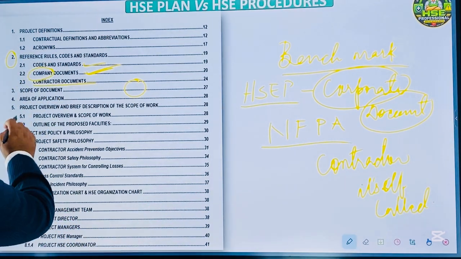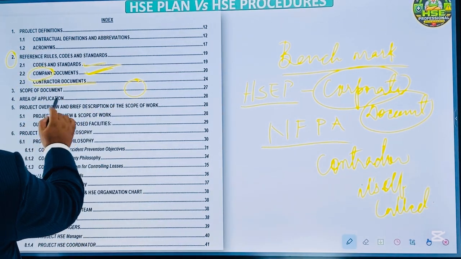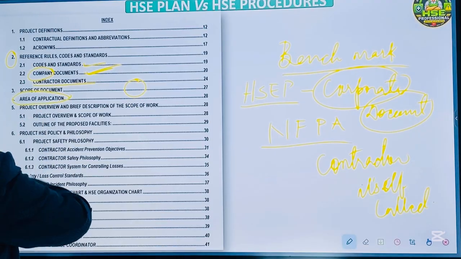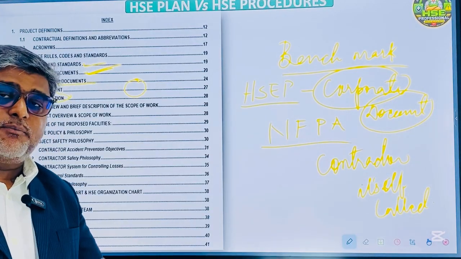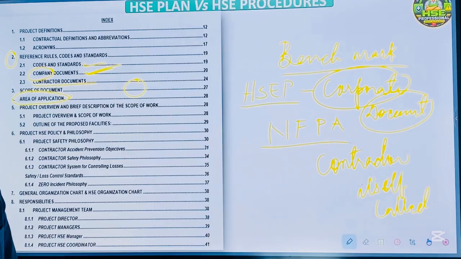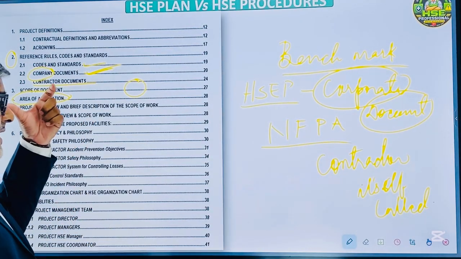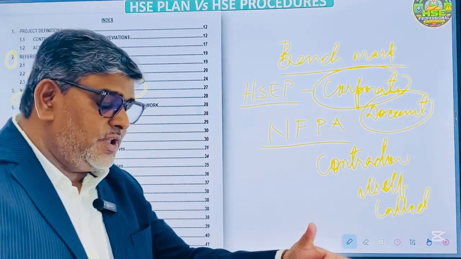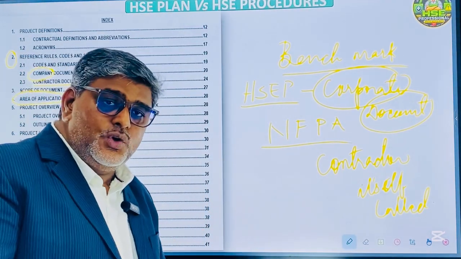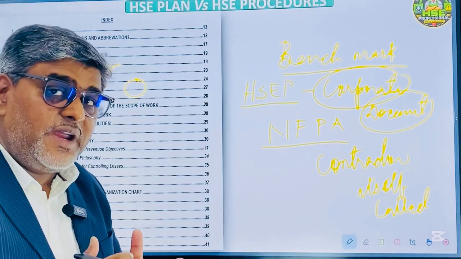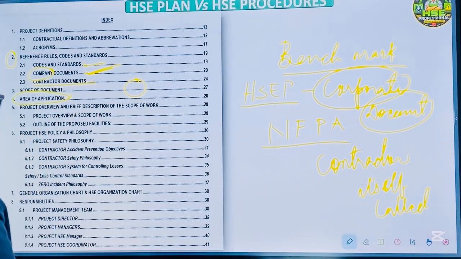Then the area of application: where this document will be applicable, in the plant, outside the plant, green area, brown area. That point needs to be mentioned, for example that this document is only for Saudi Arabia, in Jubail, Dammam, or in UAE, Qatar. In which area, the special area, we need to define.